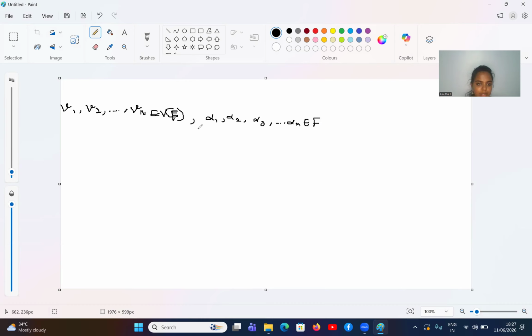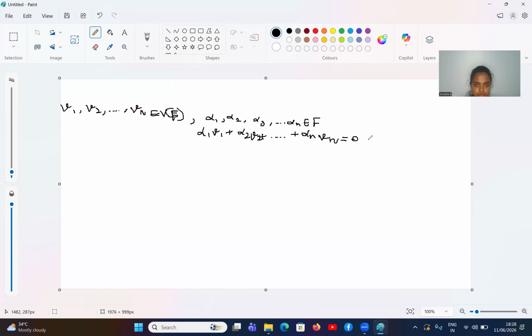Then the linear combination alpha 1 v1 plus alpha 2 v2 plus and so on plus alpha n vn equal to 0.